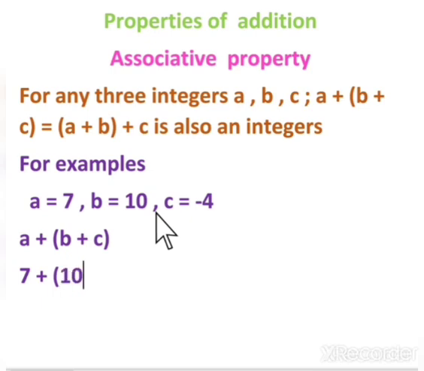So 10 and then plus and then the value for c is minus 4. We should not write plus or minus next to each other. So put another bracket for minus 4. So bracket minus 4 and the bracket closed for minus 4 and the bracket closed for the whole. First clear the bracket, then we will continue the sums.